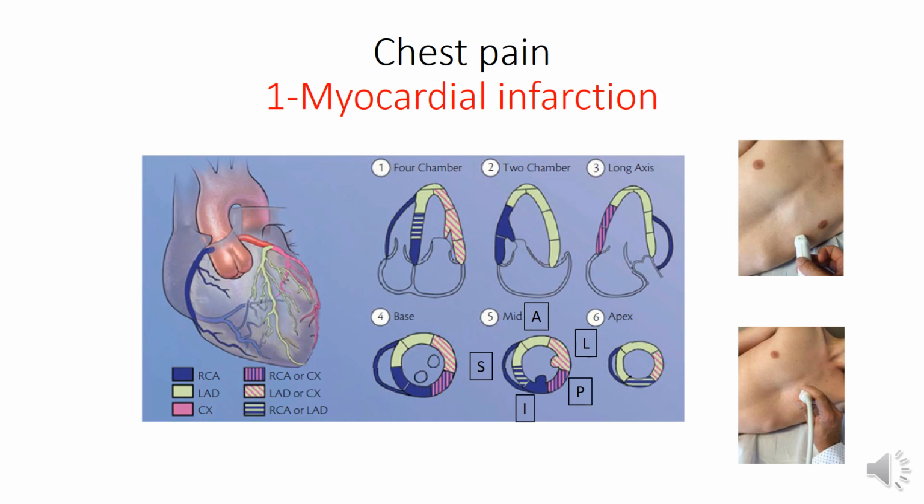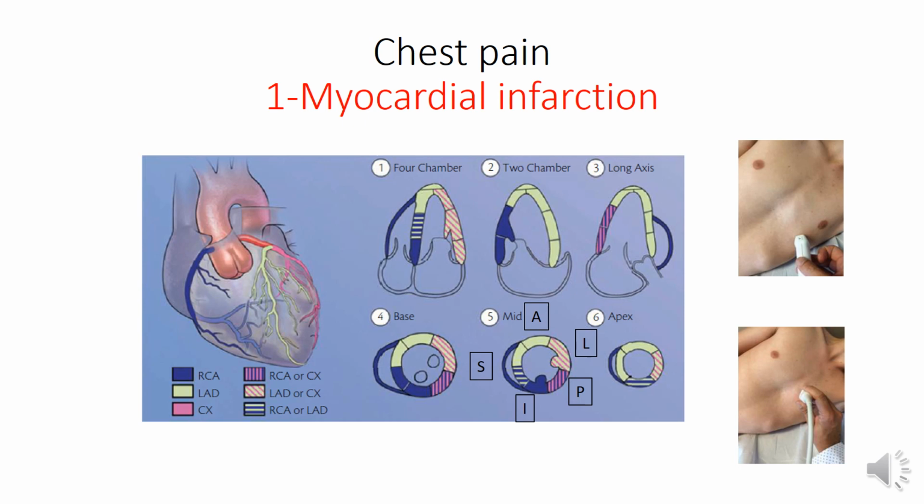We have the anterior septum, which is supplied by the LAD, the anterior wall, which is also supplied by the LAD, the anterolateral wall supplied by circumflex and diagonals, the inferolateral wall supplied by circumflex, and the inferior wall and the posterior septum supplied by the right coronary artery. So with a combination of these views, we can get a clue towards ischemia in one of the coronary territories.